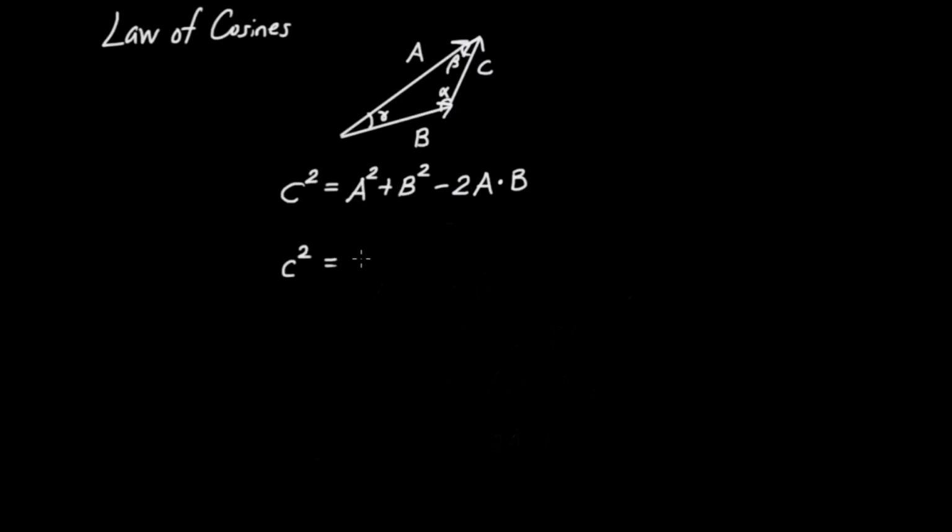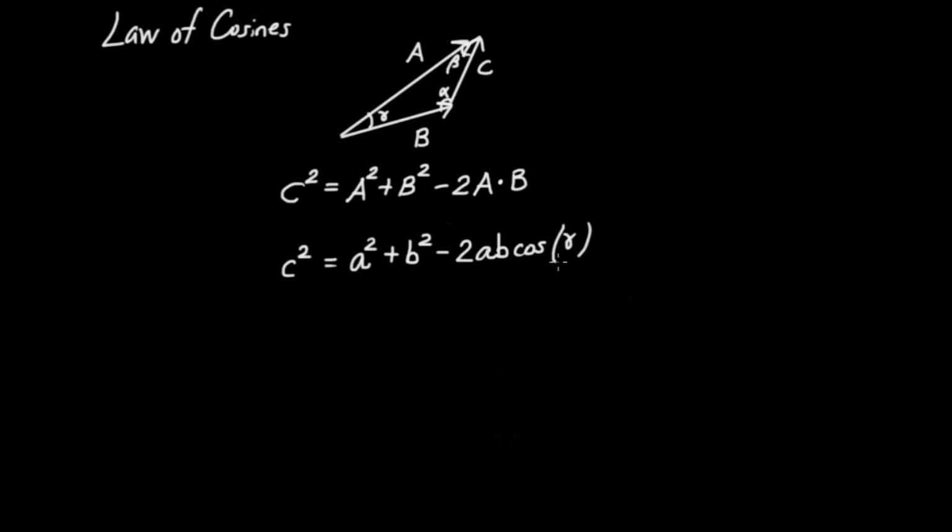And I have big A squared, and I'm going to designate the length of A as little a squared, plus little b squared. And then I have 2 times the dot product between A and B. But what's the dot product equal to? That's going to be little a times little b times cosine of the angle between A and B. The angle between A and B was gamma right there. So this last term is equal to minus 2ab cosine gamma.